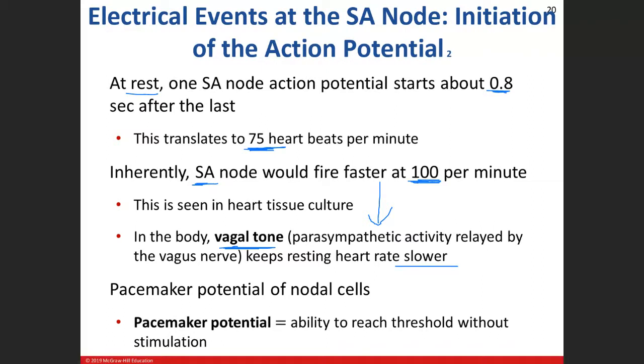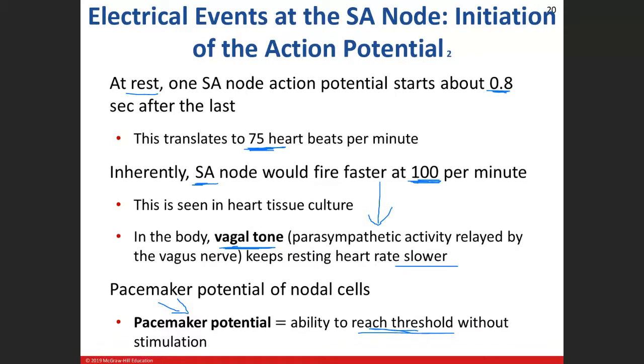So when we talk about that autorhythmicity, we refer to this right here, the pacemaker potential. And that pacemaker potential allows us to reach that threshold value of -40 without any type of stimulation.